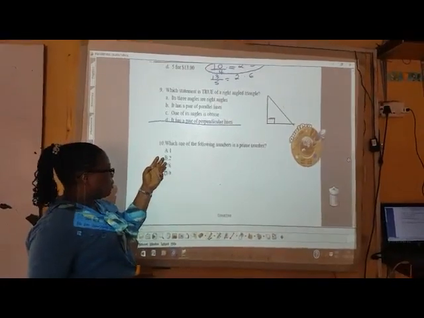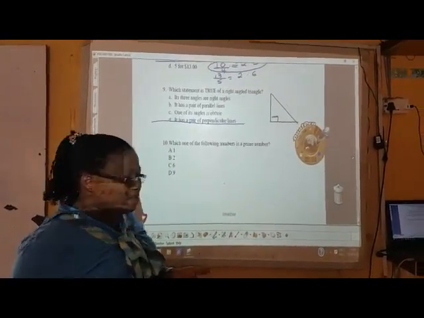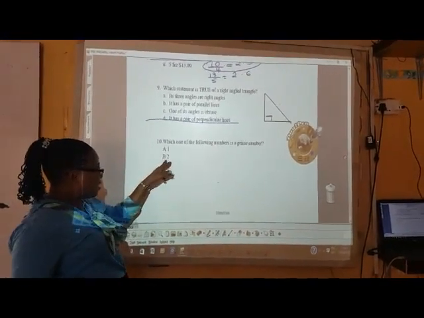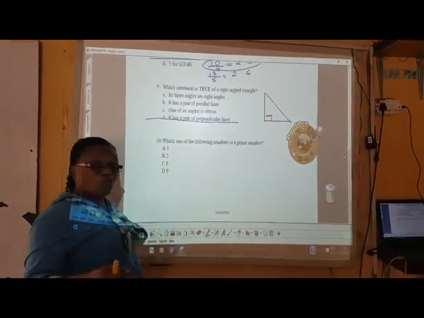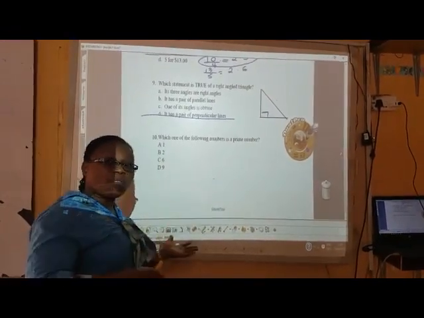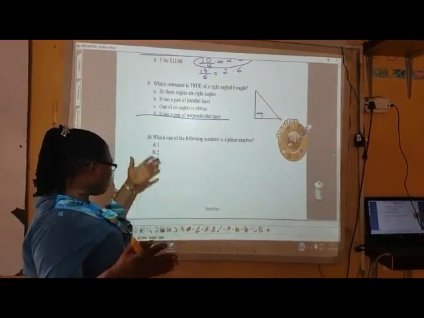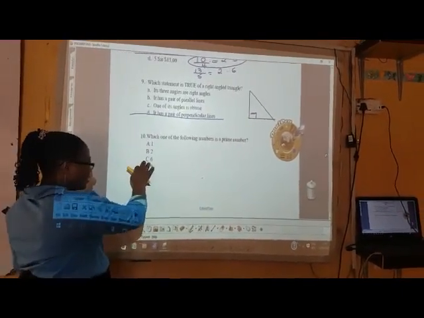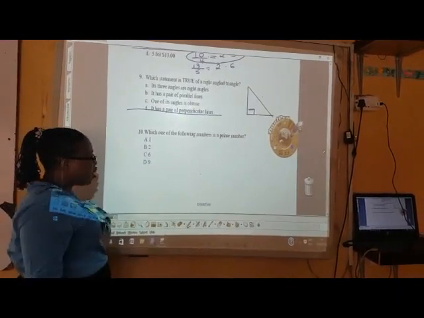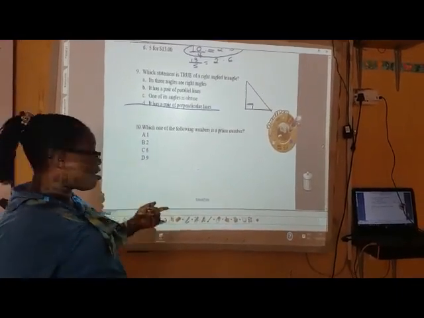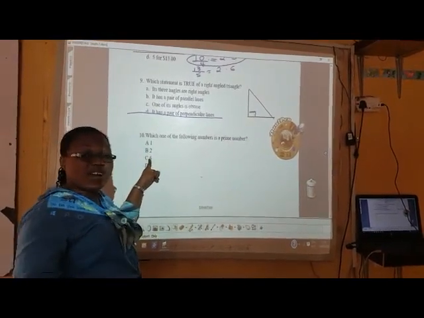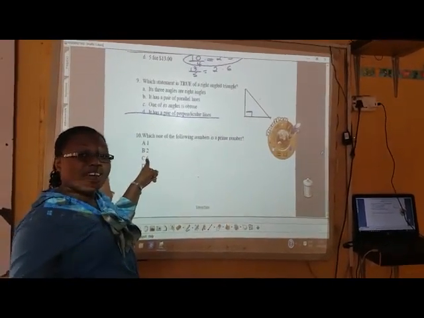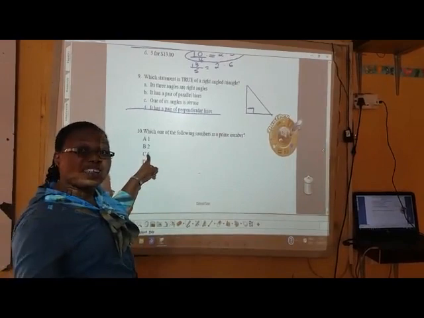2 is a prime number. You can see that it is 1 times 2, which gives us 2. Then 6. 6 is not a prime number because 2 times 3 gives you 6. 2 can divide 6, while 3 also can divide, and 6 also can divide itself.